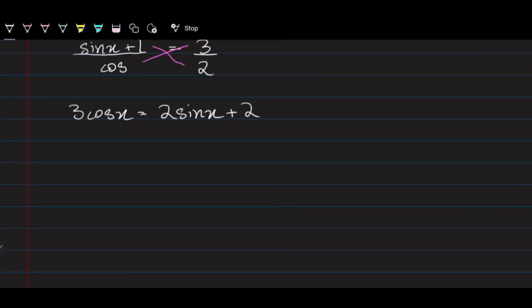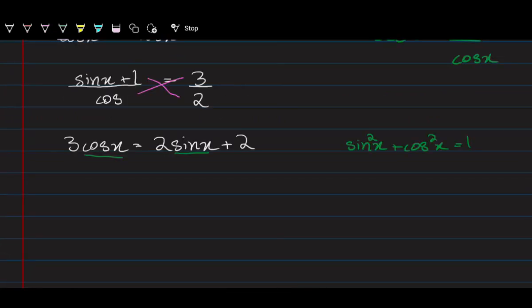Okay, so here we don't have a lot to go off from. But we can see that here we have both cos and sine in the same equation. So this reminds us of the Pythagorean identity, which is sine square x plus cos square x is equal to 1. Because we need to find sine x, we need to somehow make this expression purely in terms of sine.